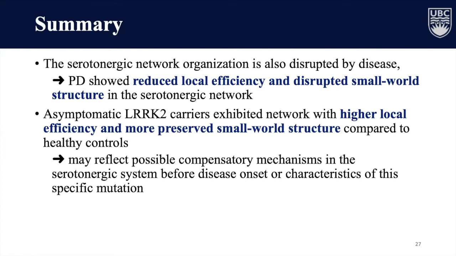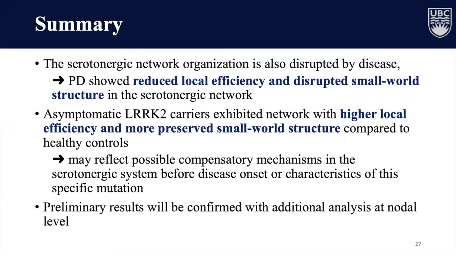And asymptomatic LRRK2 mutation carriers showed a network with higher local efficiency and a more preserved small world structure compared to healthy controls. And this again may reflect possible compensatory mechanisms in the serotonergic system before disease onset, or maybe a characteristic of this particular mutation. These preliminary results will be confirmed with additional analysis at nodal level.